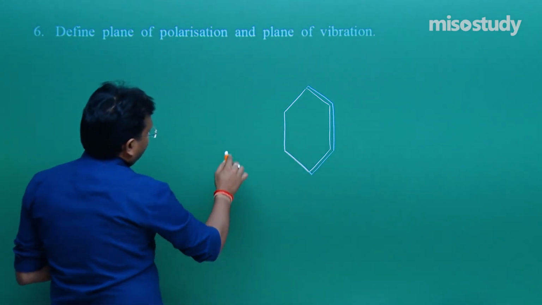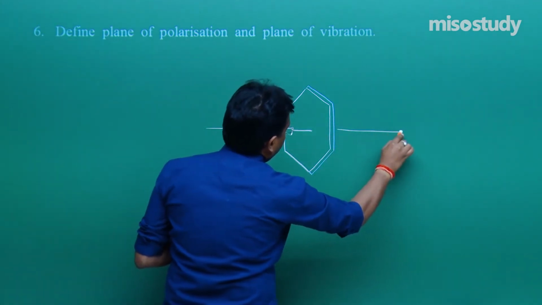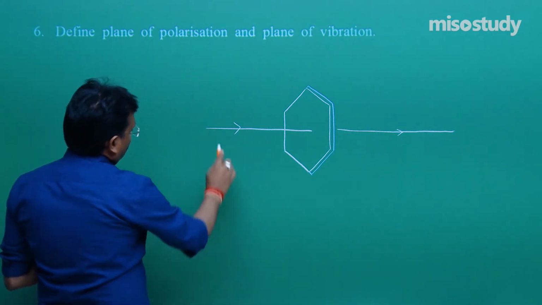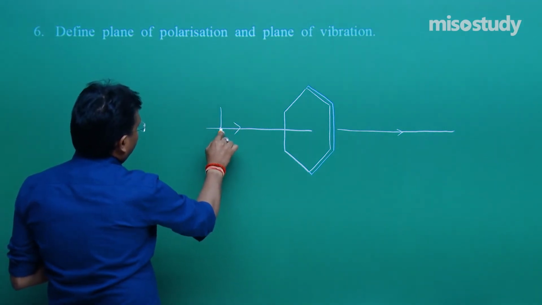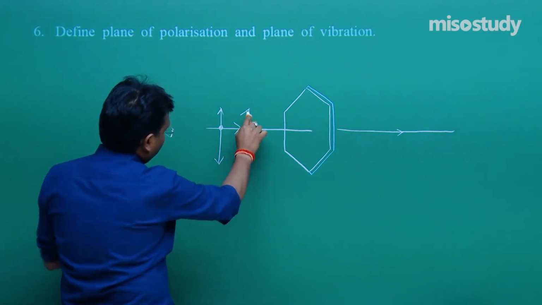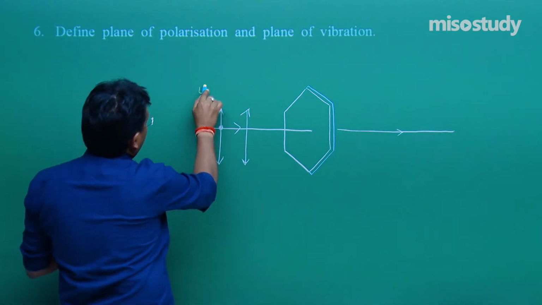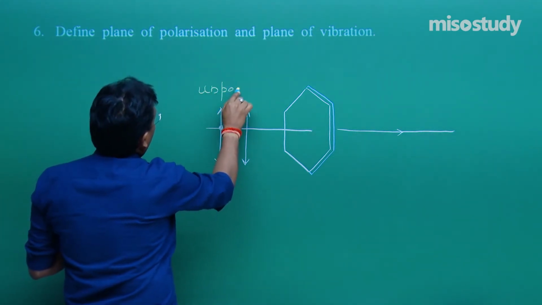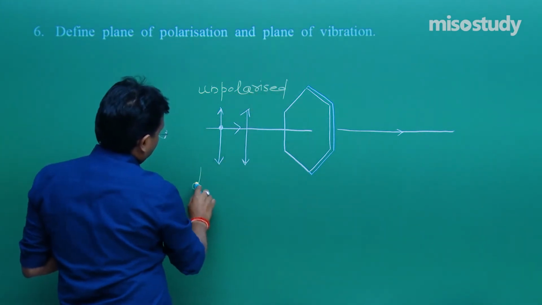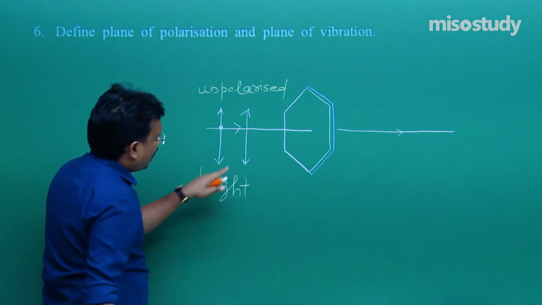Fine. And that diagram is like this way. Here it is unpolarized light. Mark it and mention it: unpolarized light, L-I-G-H-T.